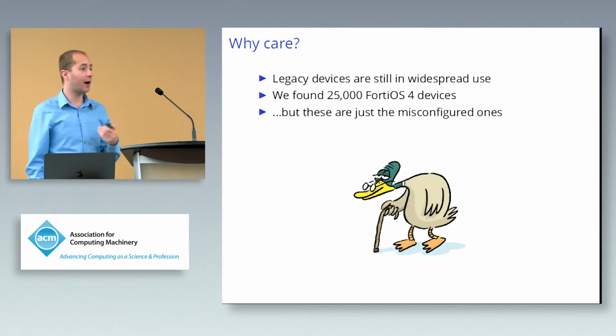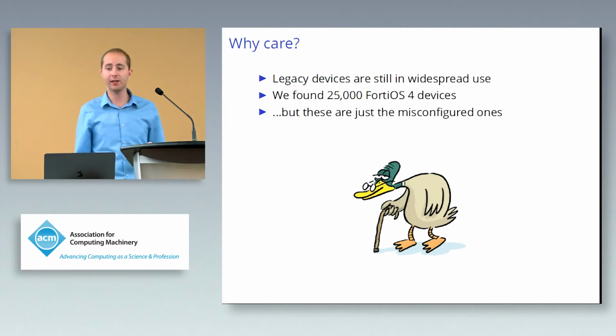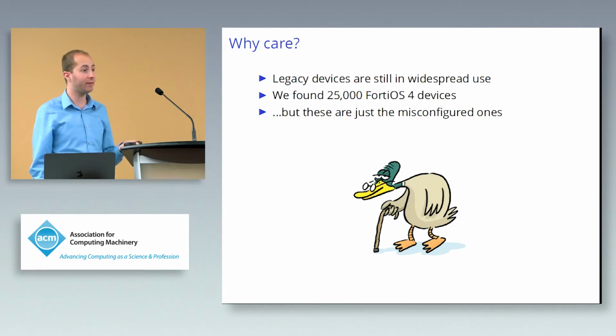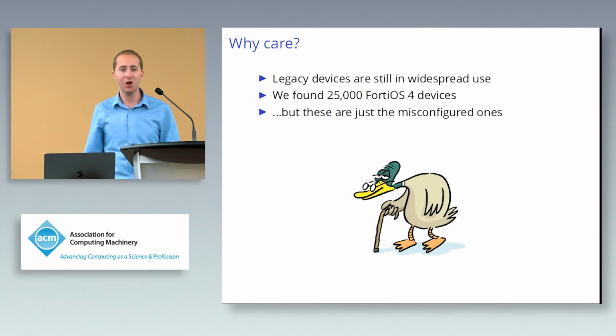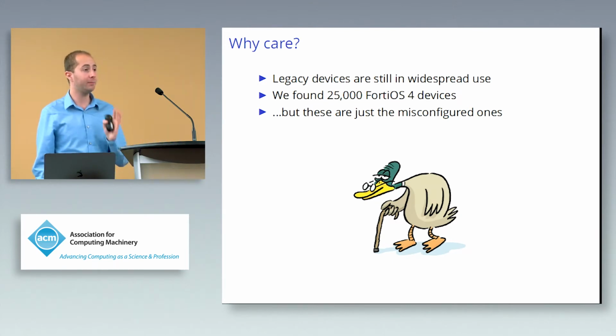The first of these is that it is well known that legacy devices are still very widespread in use. And this is evident from the fact that we were able to discover 25,000 of these. However, there's a really big asterisk next to that, because these 25,000 devices were only those that were very poorly configured and configured away from the defaults.